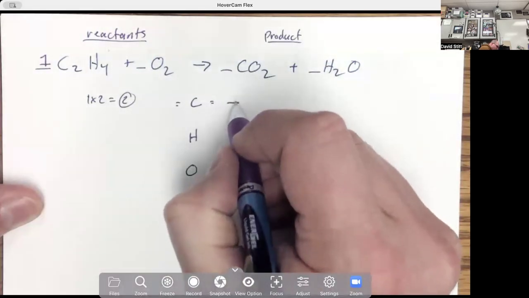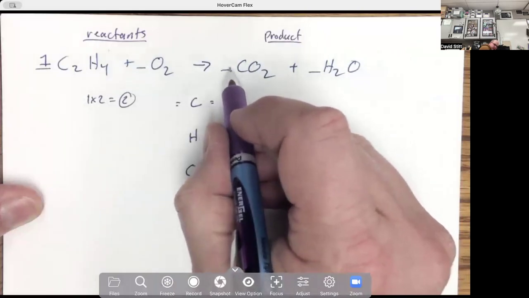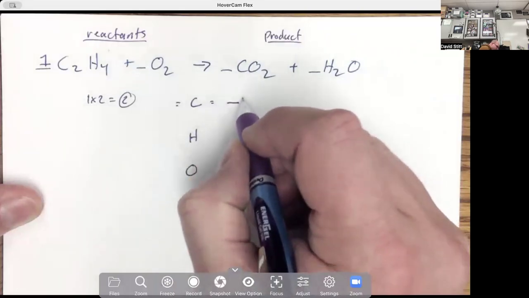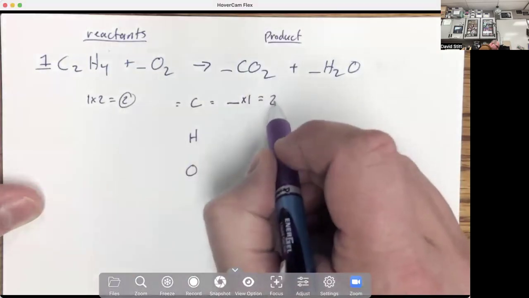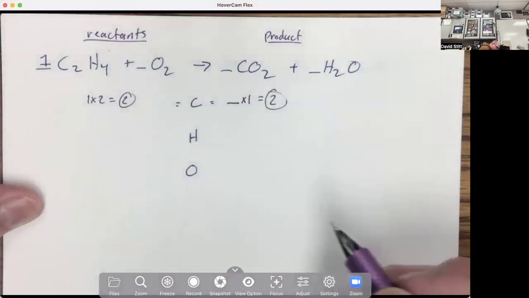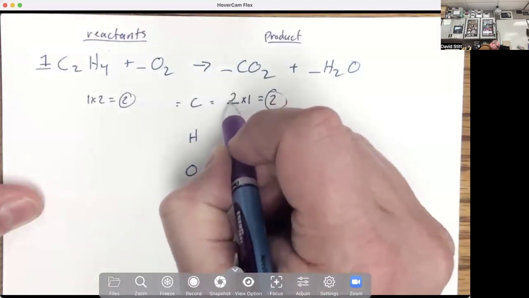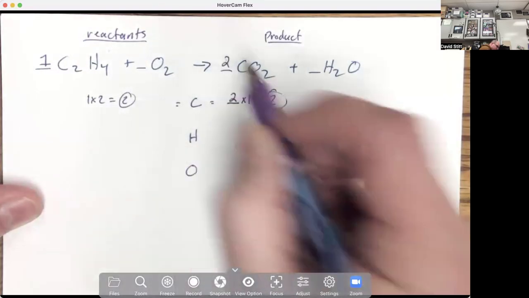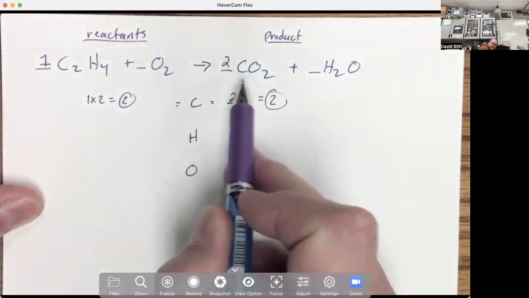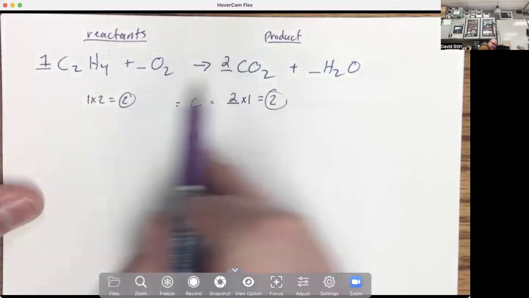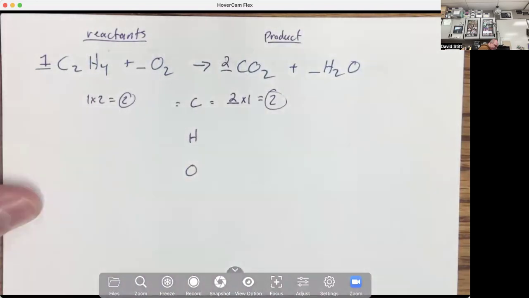So I have to figure out what number I'm going to put here that's going to get multiplied by 1, and it has to equal the other side. Well, your brain has already said that a 2 has to go here, so I'm going to put a 2 right up there. That means now I have 2 carbon dioxides. That gives me 2 carbons. I have 2 carbons. That's balanced, so I'm going to move to hydrogen next.